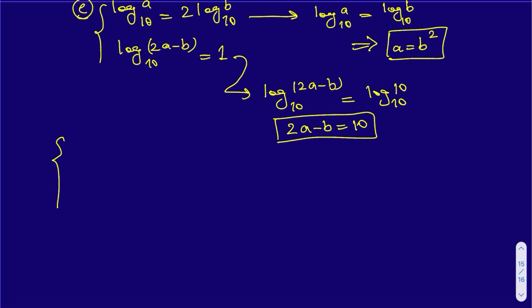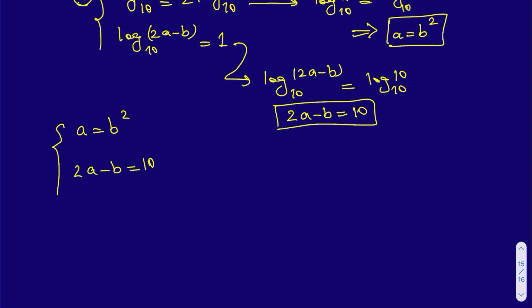Here again, a is equal to b to the power of 2, and another equation which is 2a minus b is equal to 10. And now I will substitute the value of a by b to the power of 2.